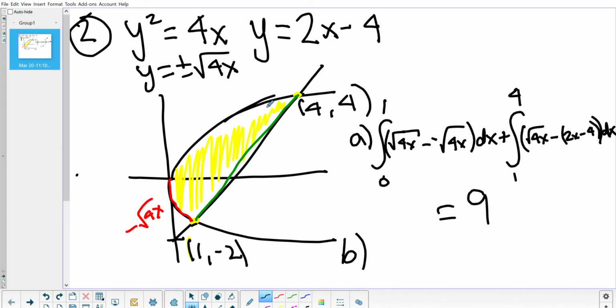And the left side of the area, although in terms of x, it is plus or minus the square root of 4x, in terms of y, it's just referred to with one expression. So to do this in terms of y, our limits of integration have to be y values. We're going to go from y equals -2 to y equals 4.